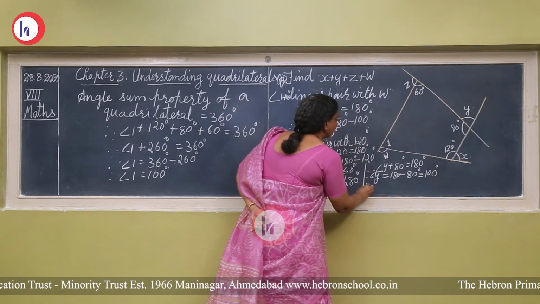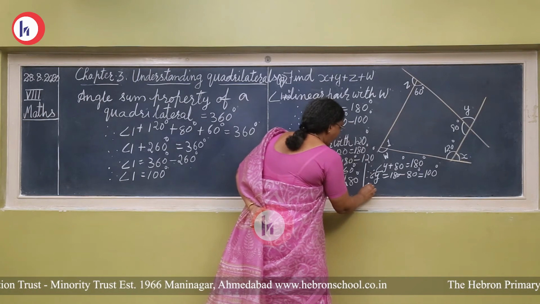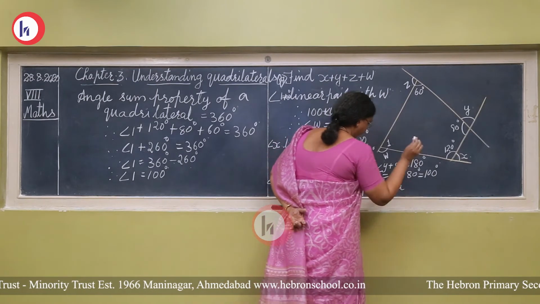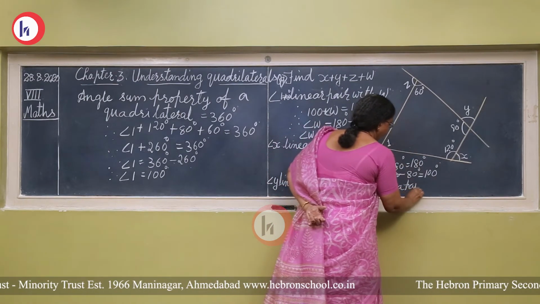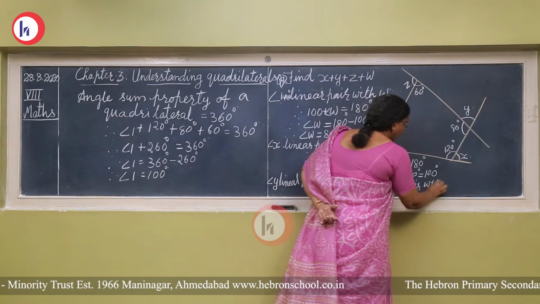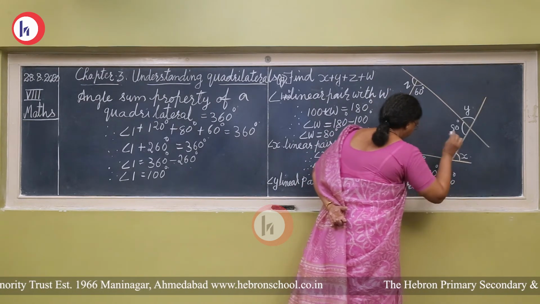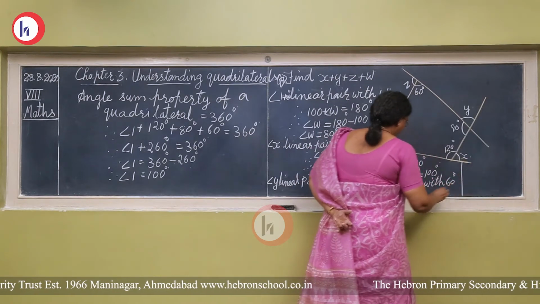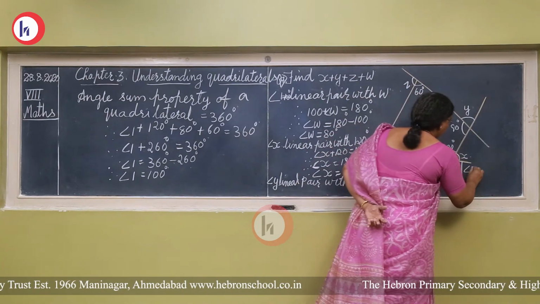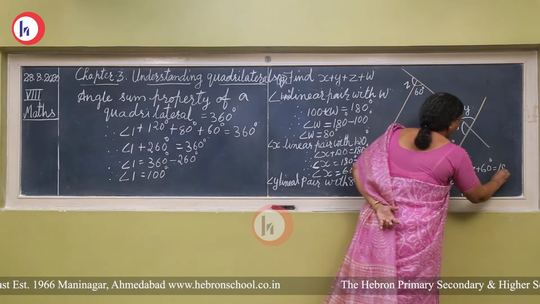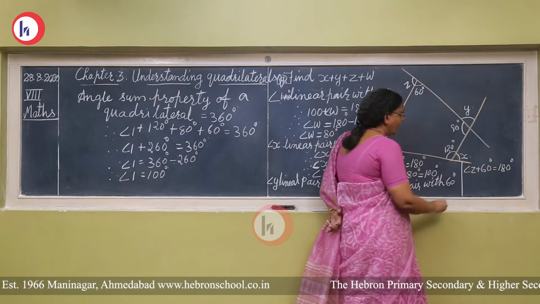Then Z is also left out now. Angle Z is a linear pair with 60 degree. So angle Z plus 60 degree is equal to 180 degree.